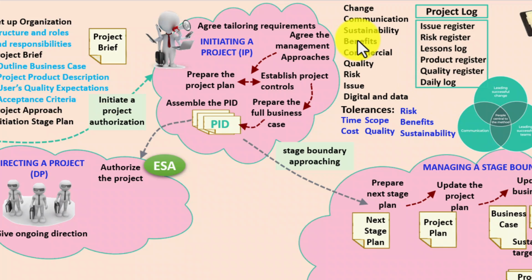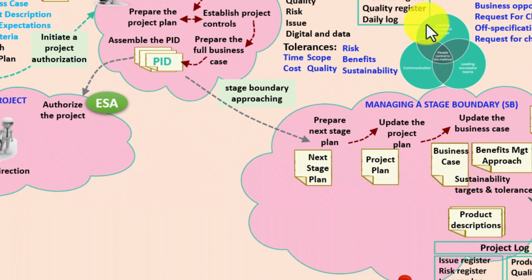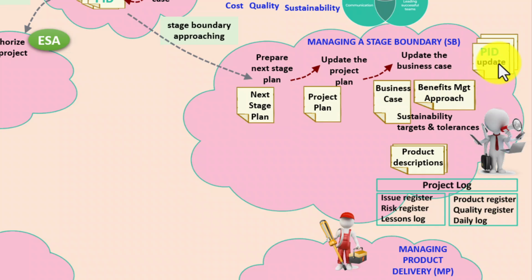Of course, at the end of each stage, we'll want to look at other elements within the PID and update those as appropriate. You see, although we've signed off the PID here, and it becomes the baseline version, as we go through each stage, it's highly likely that elements of the PID will be updated. However, I have to say that here, having just signed it off, the updates should be minimal apart from those already mentioned.